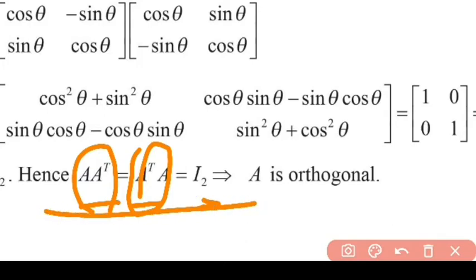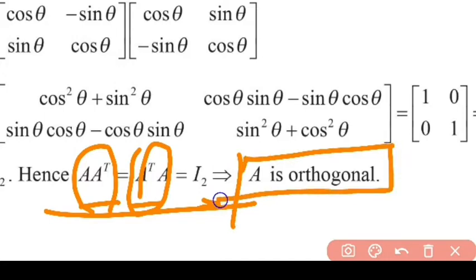It's very easy. So it satisfies the orthogonal condition. Therefore A is orthogonal. It's a very important 2 mark question, sometimes asked as a 3 mark question.